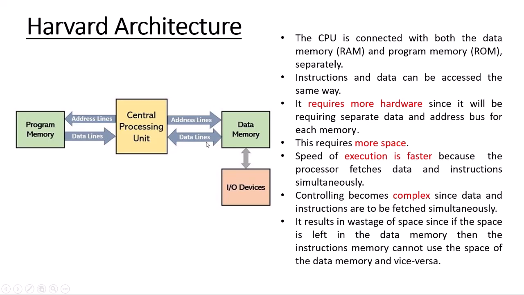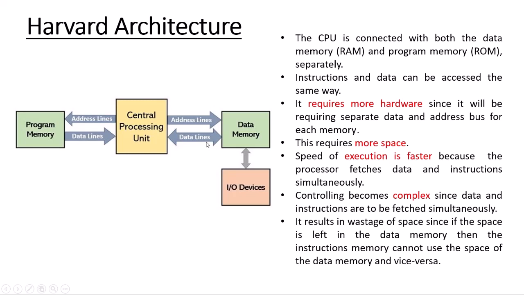The CPU in a Harvard architecture system operates in a somewhat similar manner as in von Neumann architecture, but as two separate memory units are used, separate buses are used for data transferring and instruction fetching. Thus execution speed is much better than the earlier architecture.